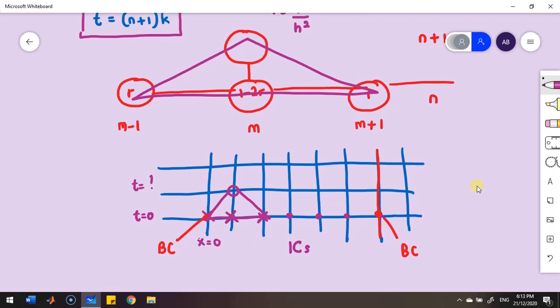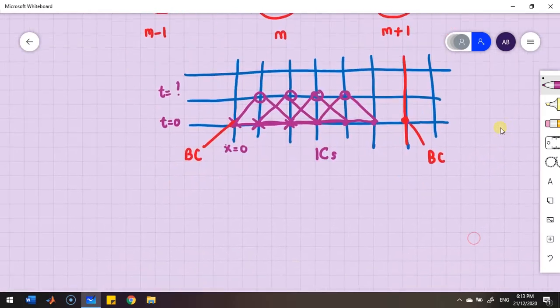Similarly, to obtain this value, I need to use this formula. You can see the pattern now. So I can obtain all my values at a specific time t using this explicit formula. That's the general idea.